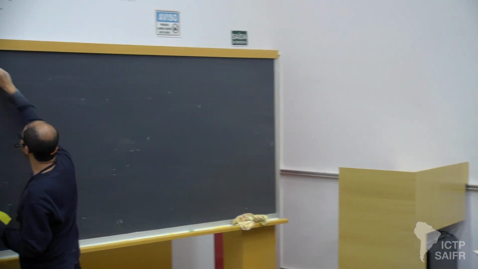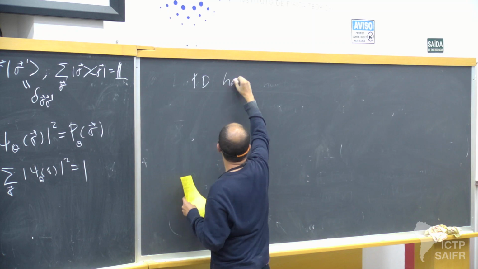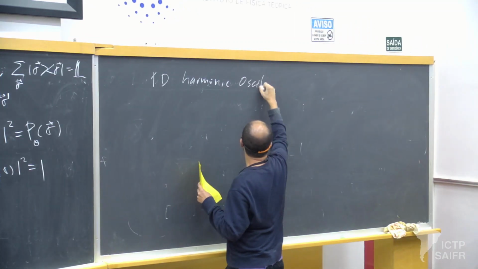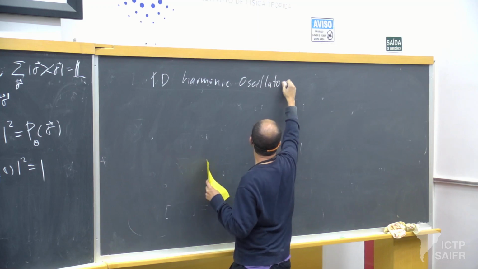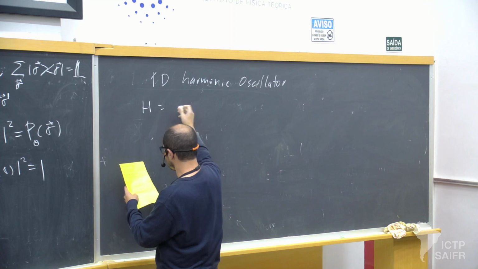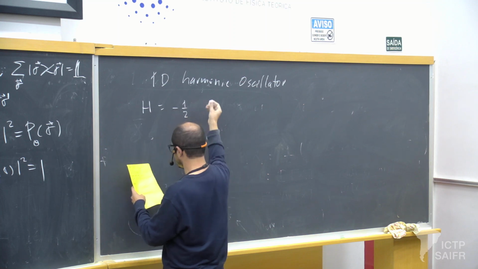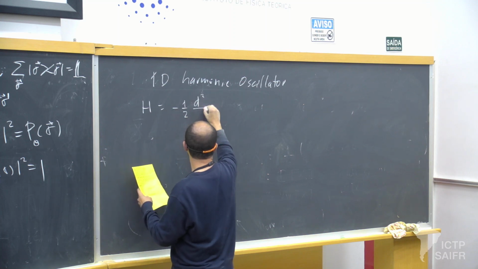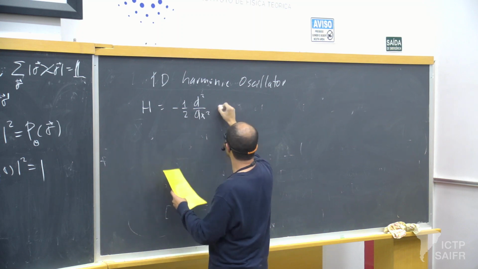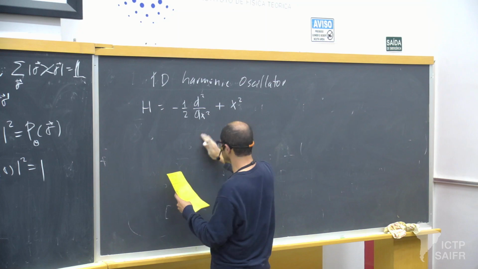The 1D harmonic oscillator. The Hamiltonian is minus 1/2 d squared over dx squared, plus x squared.